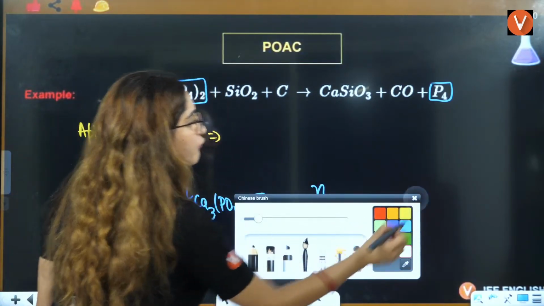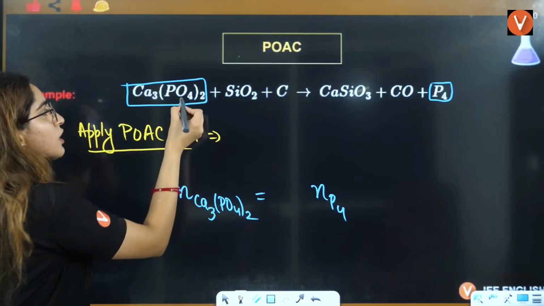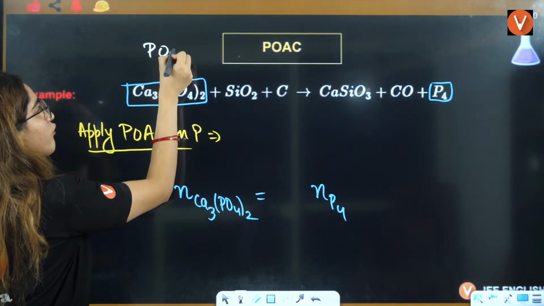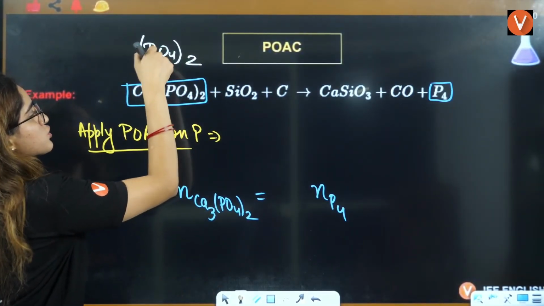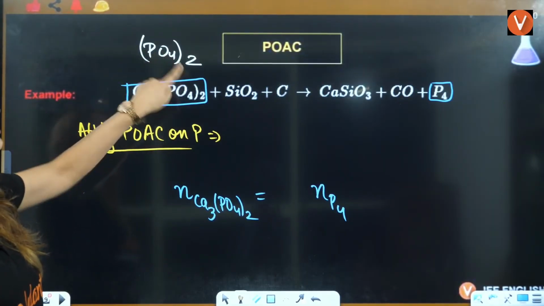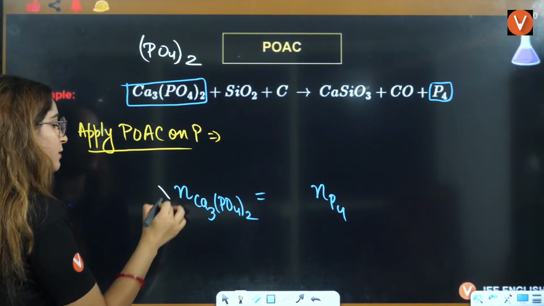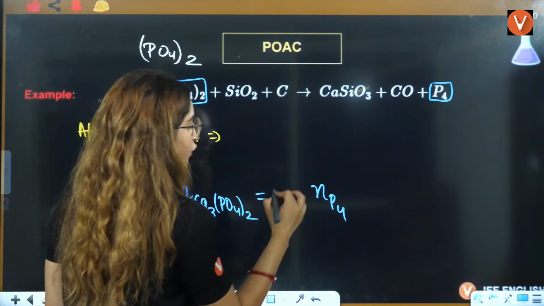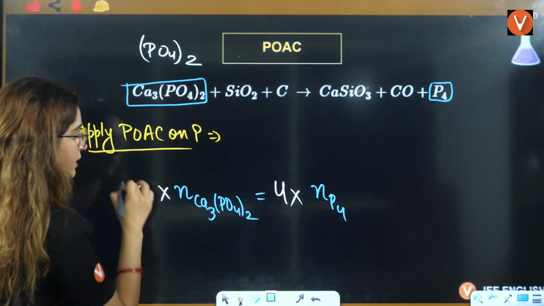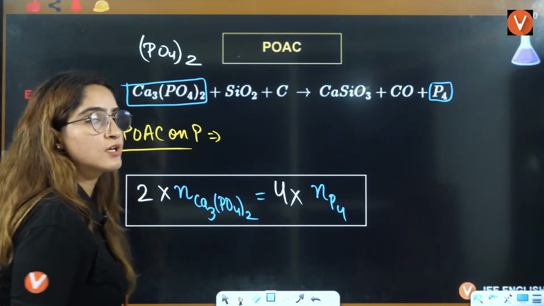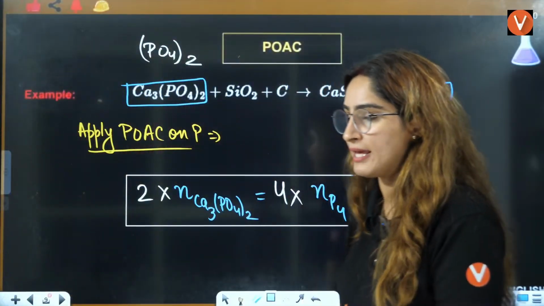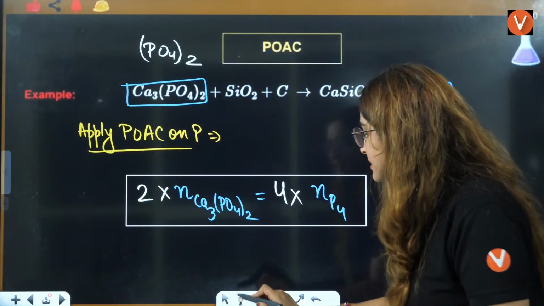Now how many phosphorus are present here? This is (PO4)2, so 2 phosphorus is present here, so this will be multiplied by 2. Here 4 phosphorus is present, so it will be multiplied by 4, and this is the answer after applying POAC.